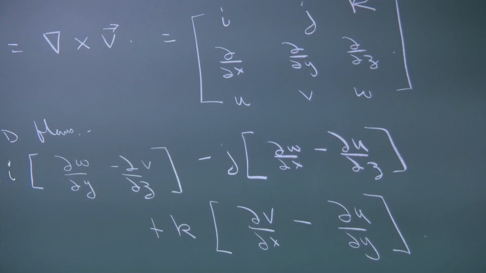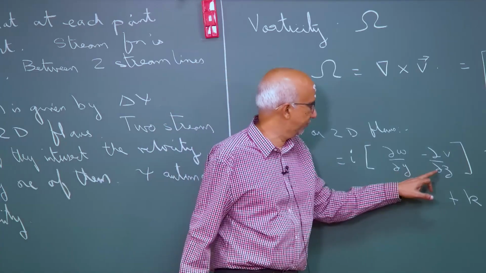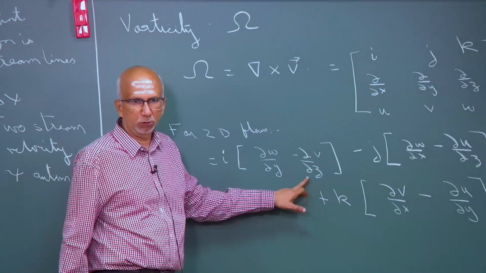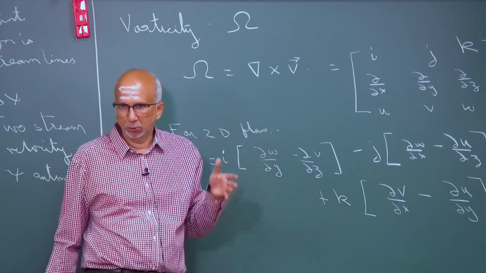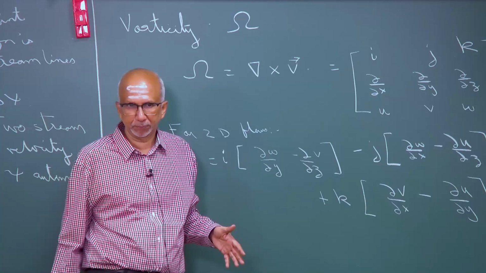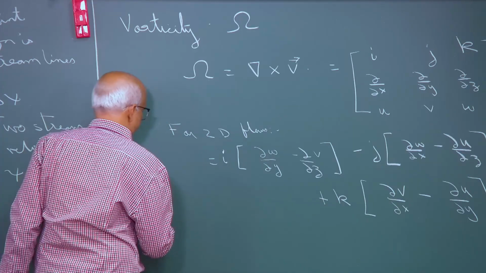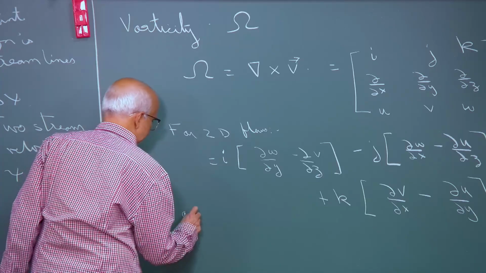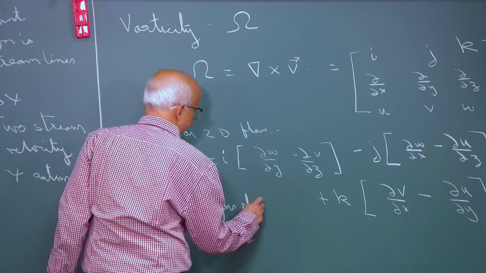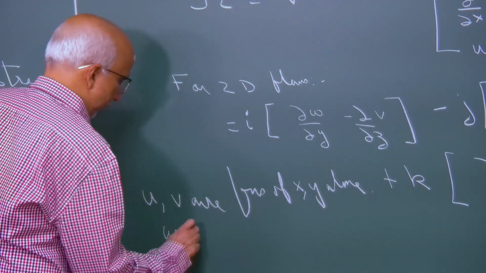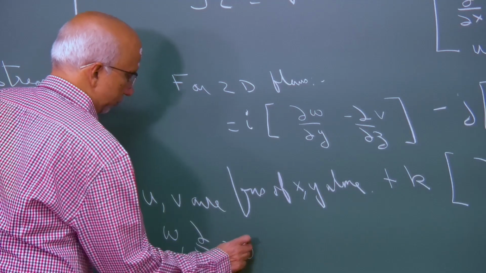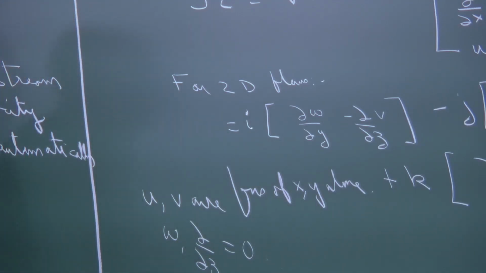Since we are looking mainly at 2D flows, okay, basically in the z direction there is going to be no variation, okay. So, v with respect to z is going to go to 0 and w is also 0, because again the only components are u and v varying in x and y, okay. So, for 2D flows u and v are functions of x and y alone, and w and d by dz are 0, okay.